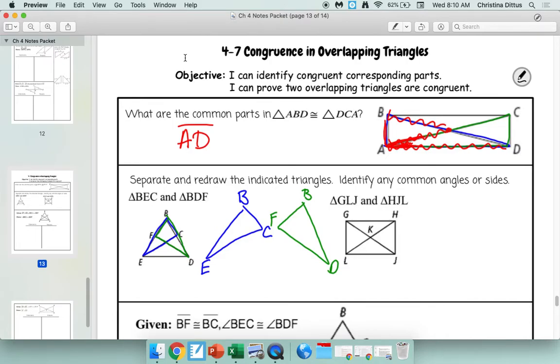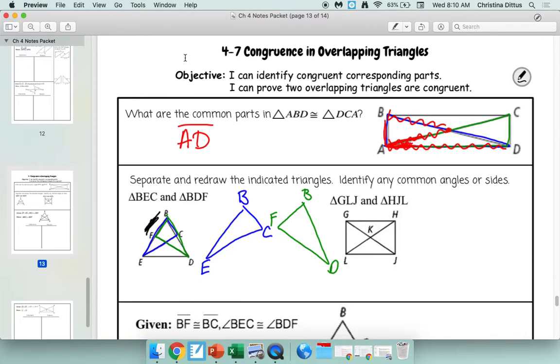Now what the separated triangles are supposed to help with is seeing where there's just a little part overlapping and where a whole thing is overlapping. So if I look here, do you notice how from B to F is both blue and green? Does everybody see that? Okay, but since the blue triangle doesn't stop at F, it goes all the way to E, we don't say that that's a common part because it's only sharing just this little bit, not the whole side.